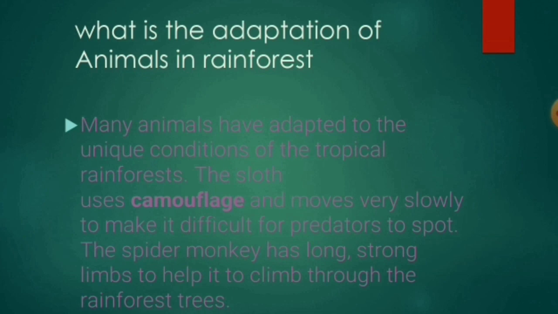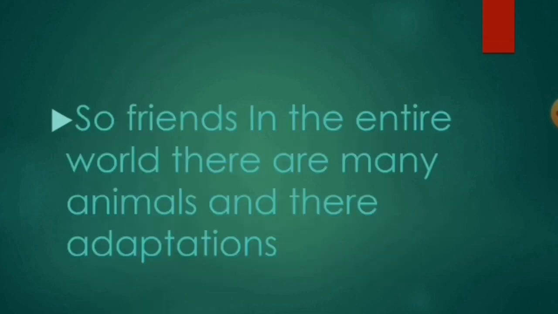So the predators can't find the sloth easily, and it can camouflage like this and escape from the predators. And there is even a monkey called the spider monkey. It can easily jump from tree to tree, which is its main adaptation, and it can also escape from the predators. So friends, in the entire world there are many animals and their adaptations.